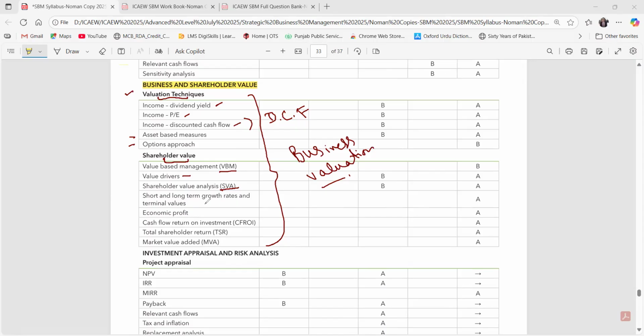Then we talk about short-term and long-term growth rates and terminal values, economic profit basically. What is cash flow return on investment? What is total return for shareholders? And what about MVA, market value added basically? So these are some topics, some points for our valuation techniques basically.